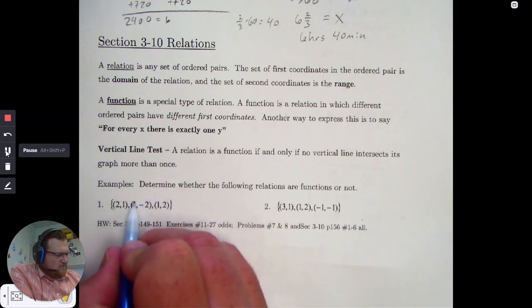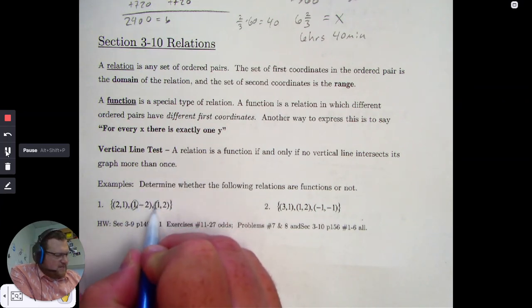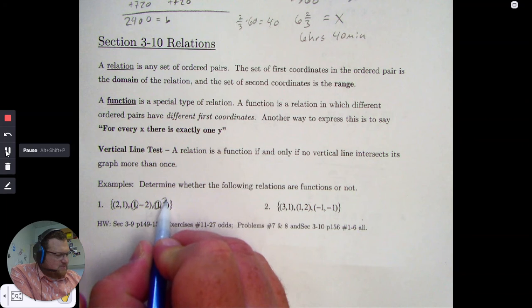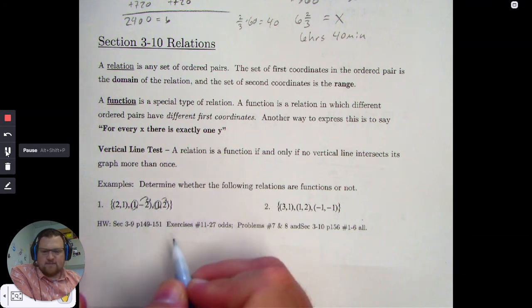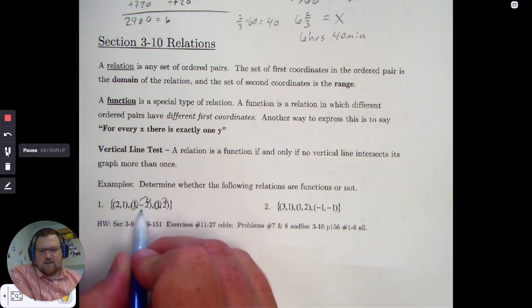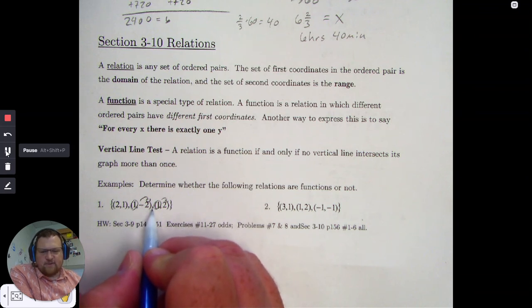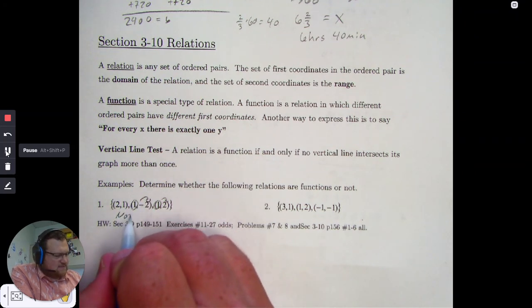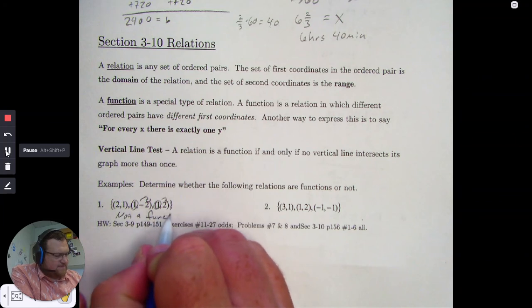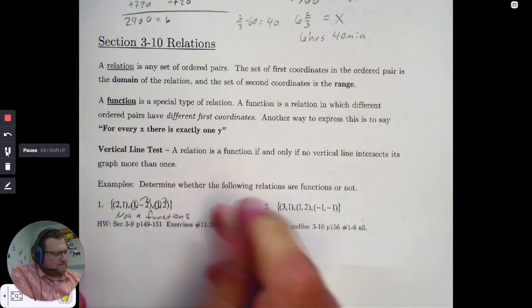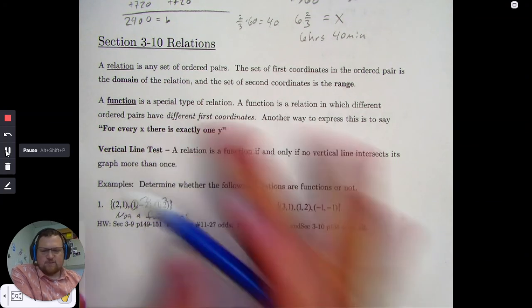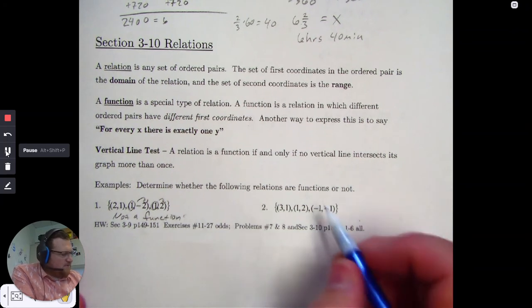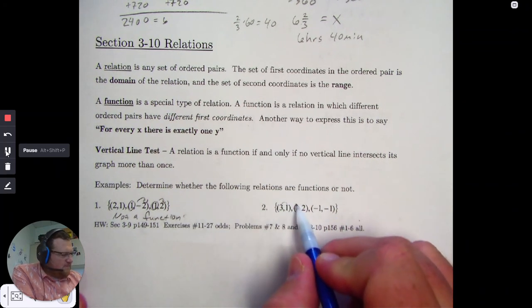Well, right here we have this x value that goes both to 2 and to negative 2. So since we have the same x going to different y's, this is not a function, it is just a relation.